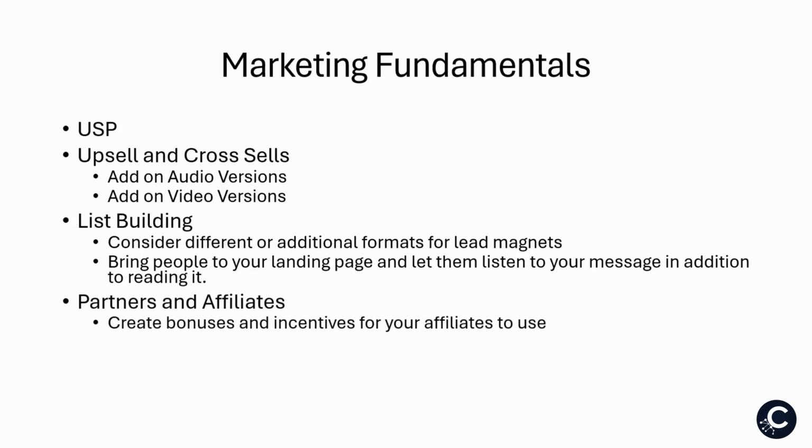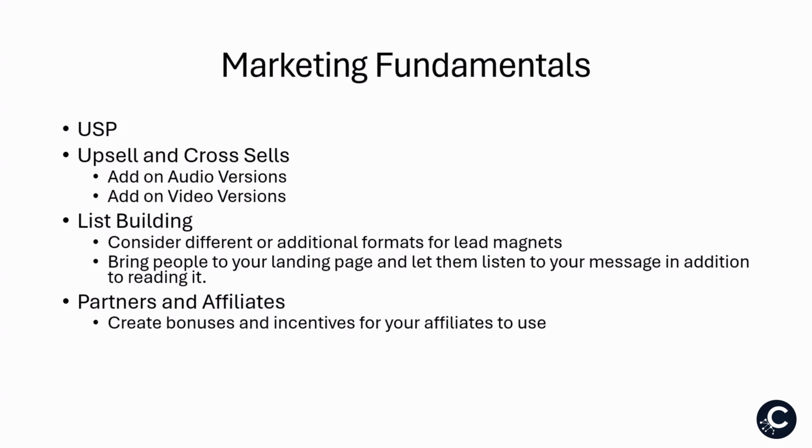When you can create audio effectively, and let's say that you are selling a product, one of the things you can do is create audio versions of what you're going to be delivering, and give that to your affiliates. Now, you may not want to give it to your customer, but you could give it to your affiliates as an additional bonus for them to use in order to sell your product.